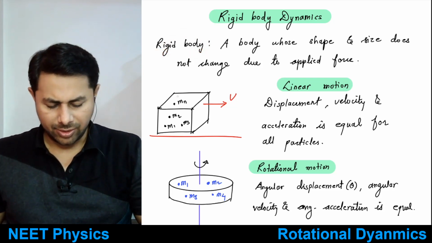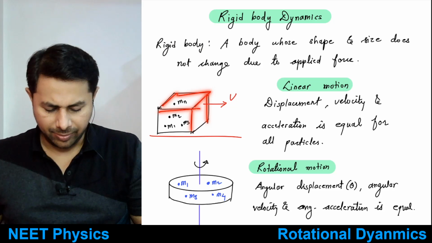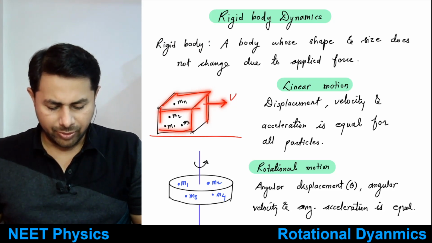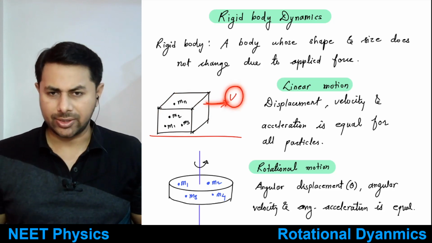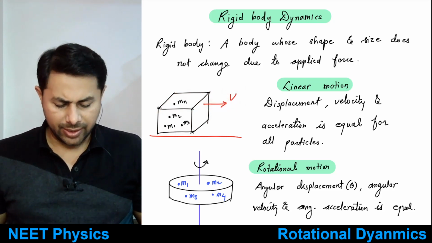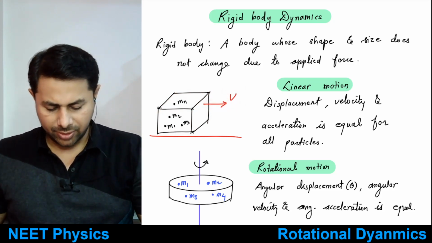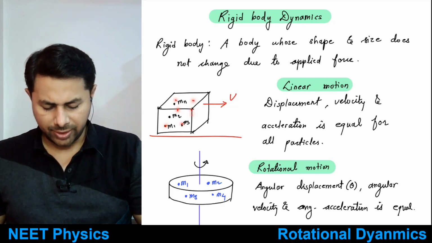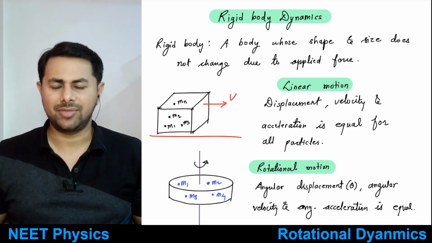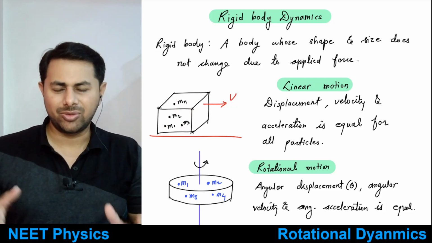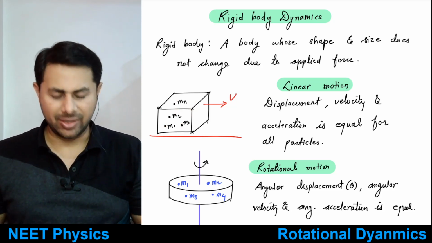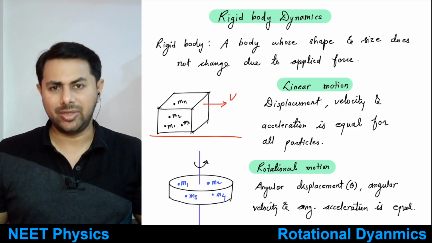Now suppose this is one rigid body and it's moving with velocity v. So then what does it mean? Suppose there are n number of particles within this body, so all of the particles must be moving with velocity v. It can't happen that some particles move with velocity v1, some particles move with velocity v2.